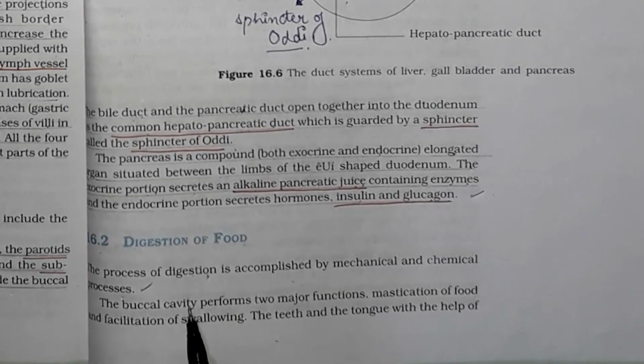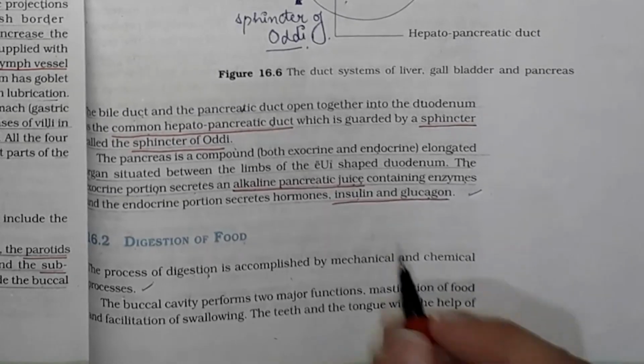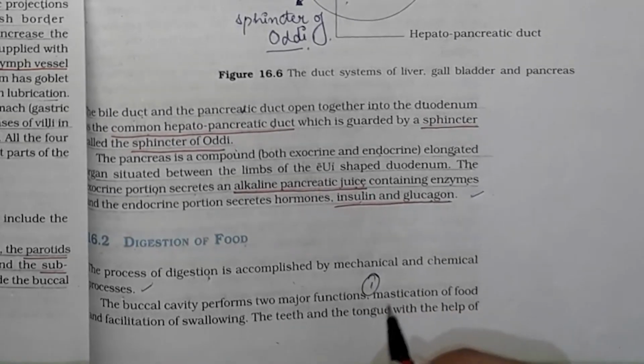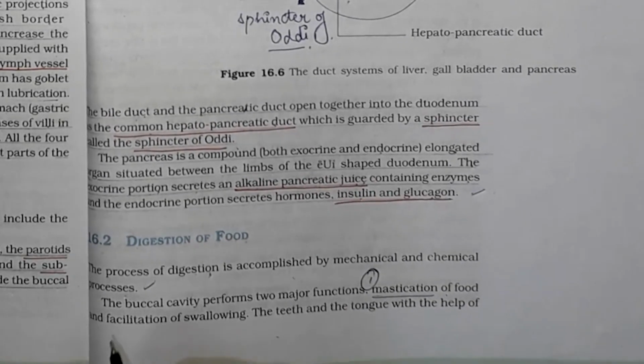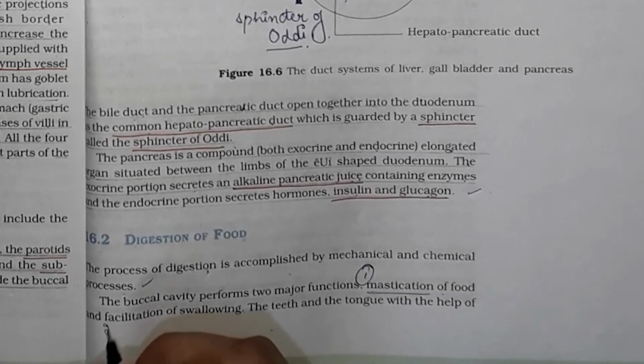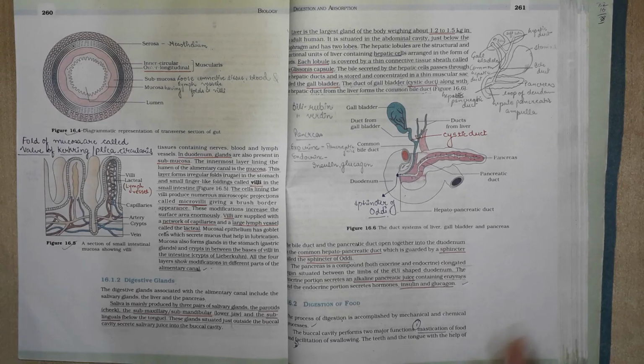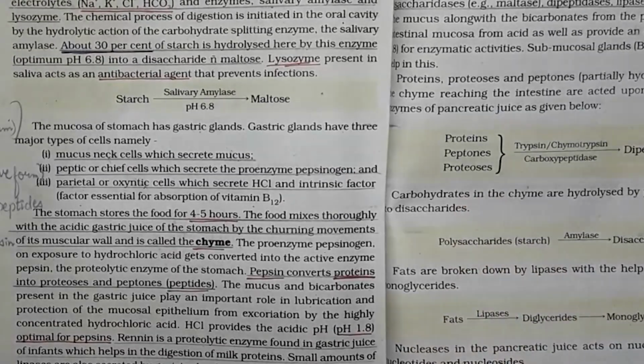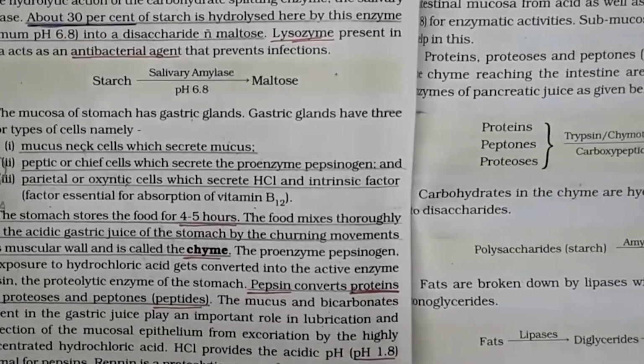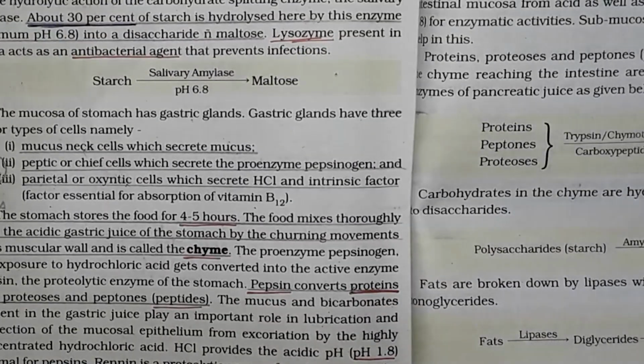The buccal cavity performs two major functions which we have to remember. The first function is the mastication of food and the second function is the facilitation of swallowing. In the buccal cavity, teeth and tongue are present. The teeth and the tongue, with the help of the saliva, masticate and mix up the food thoroughly.